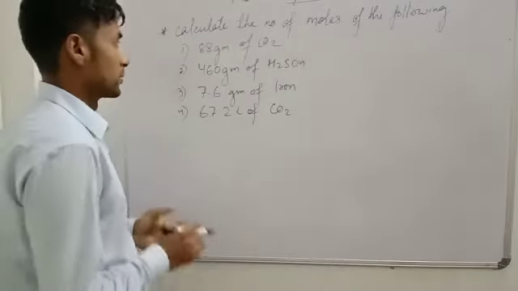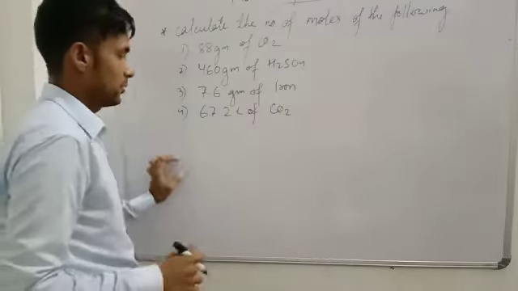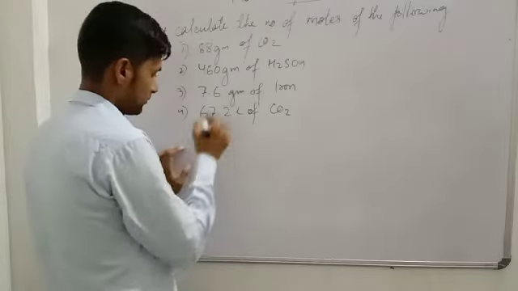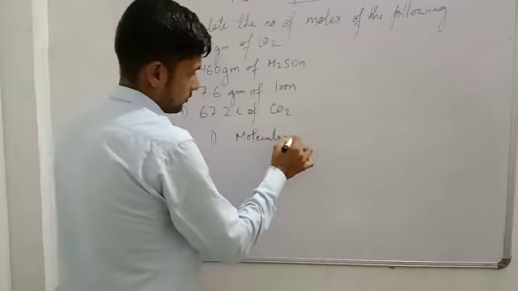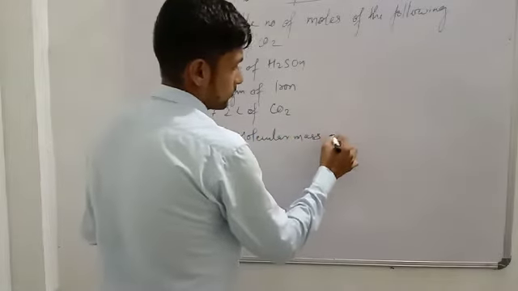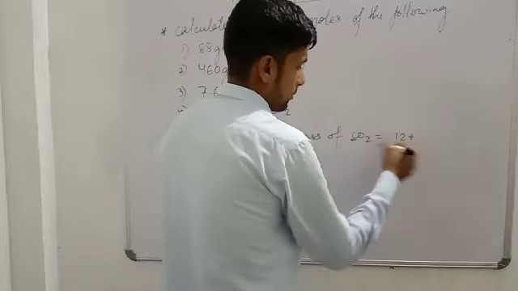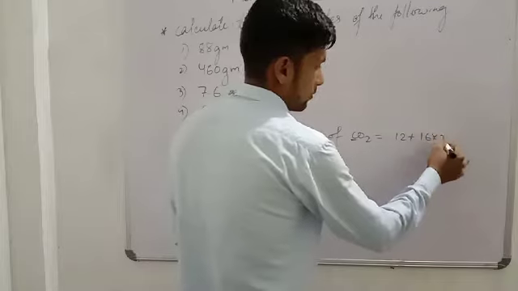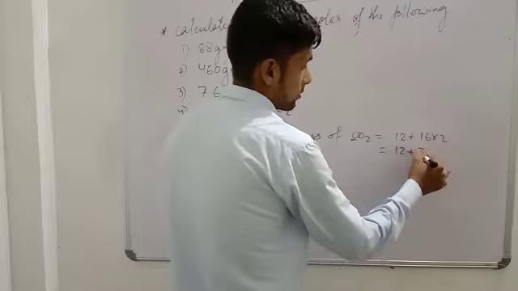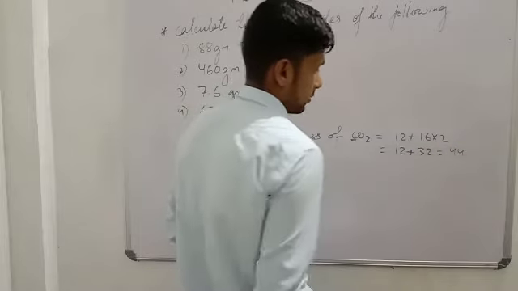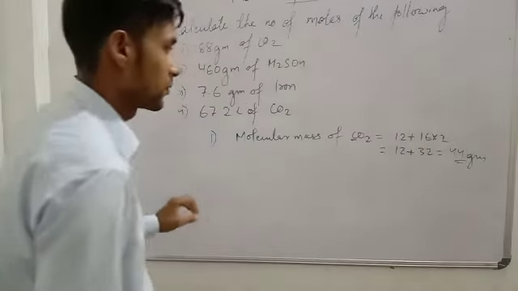So first one I am doing for you. Okay. So CO2 is a molecule. So first of all, what you will do is calculate the molecular mass of CO2, that is C 12 plus oxygen 16 into 2, as 2 atoms of oxygen are there. So 12 plus 32 is 44 gram. Okay. So gram molecular mass of CO2 is 44 gram.